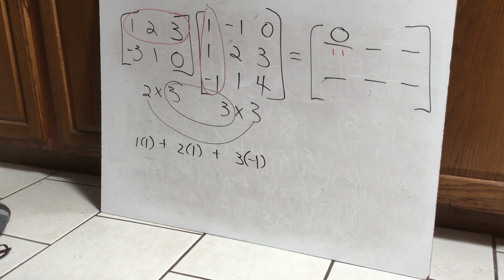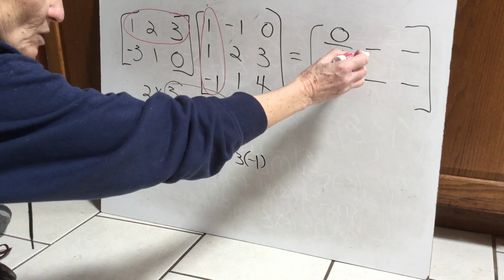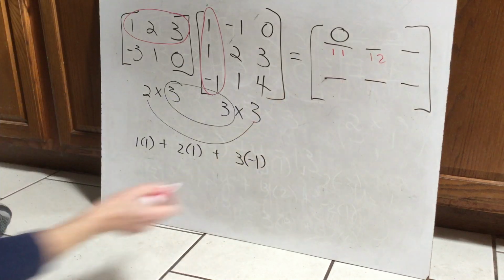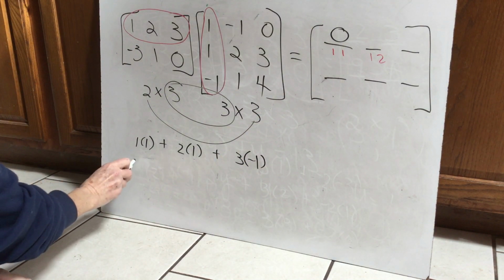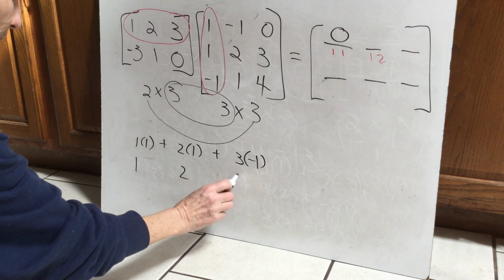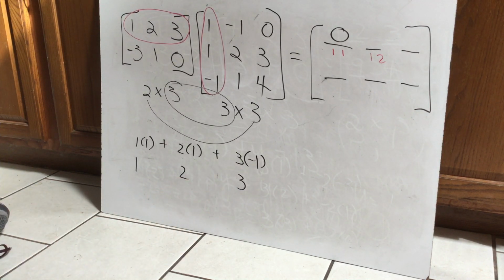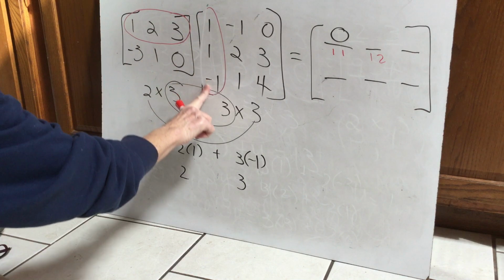All right, next spot. You can go in whatever order you want. I'm just trying to be organized here. I'll do this one next. It's in the first row, second column. So I'm going to write down my first row, and now I need my second column.